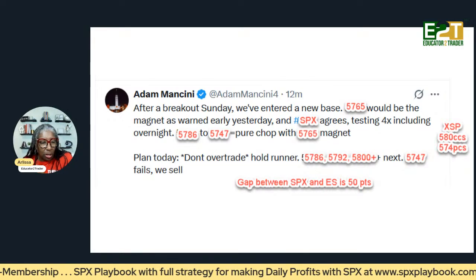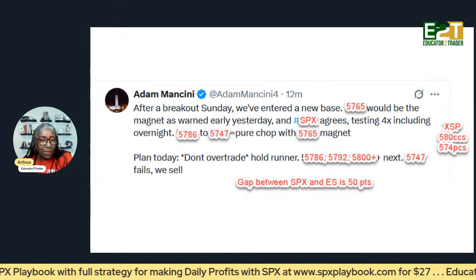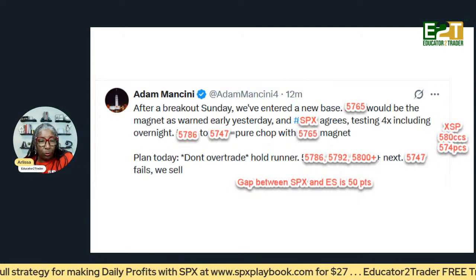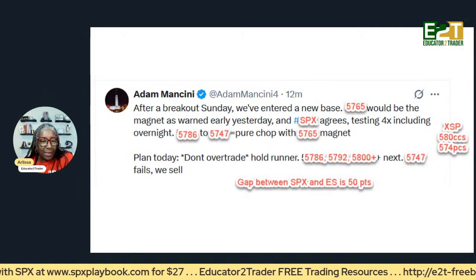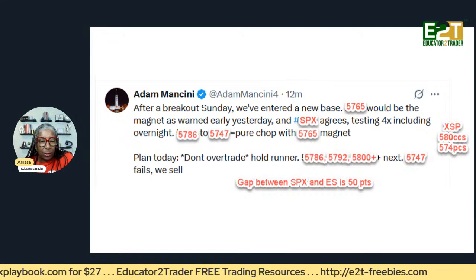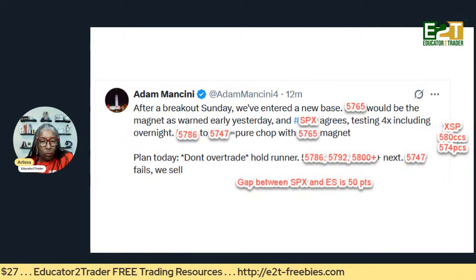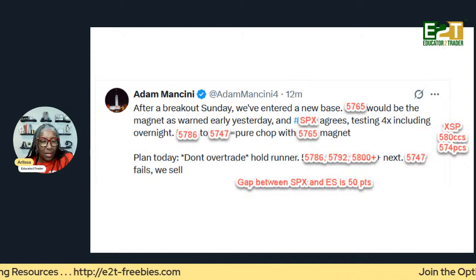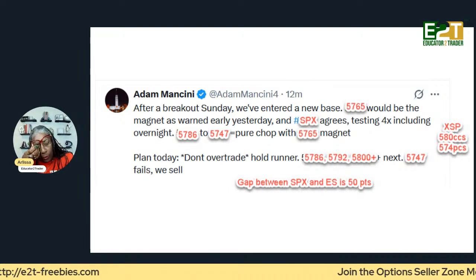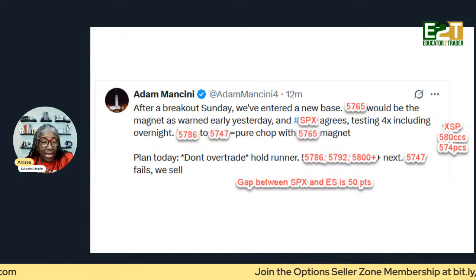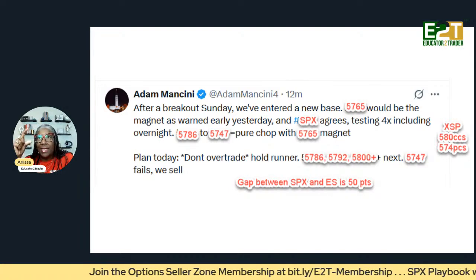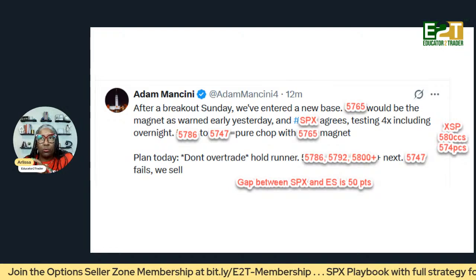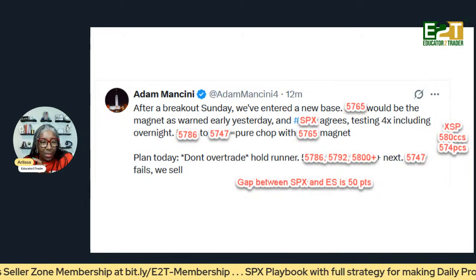All right. Let's talk about what Adam had to say this morning. Adam says, after a breakout Sunday, we entered a new base. 5765 would be the magnet as warned early yesterday, and SPX agrees. Testing 4 times, including overnight. 5786 to 5747 is pure chop with 5765 as the magnet. 5747 to 5786 is pure chop, which is actually where it is right now, chopping around right in there.